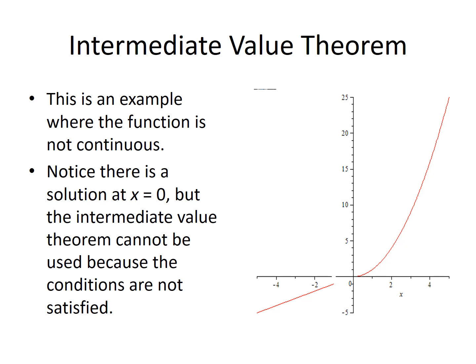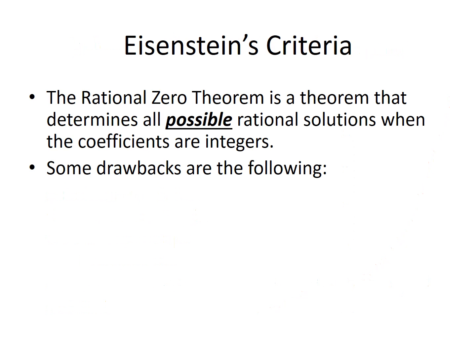So there is a solution at x equals 0, but the intermediate value theorem cannot be used here because, again, the conditions are not satisfied. So in order to use the intermediate value theorem when it comes to polynomials, you have to have a continuous function, and you have to have a sign change in the output values at the endpoints of the interval that you're using.